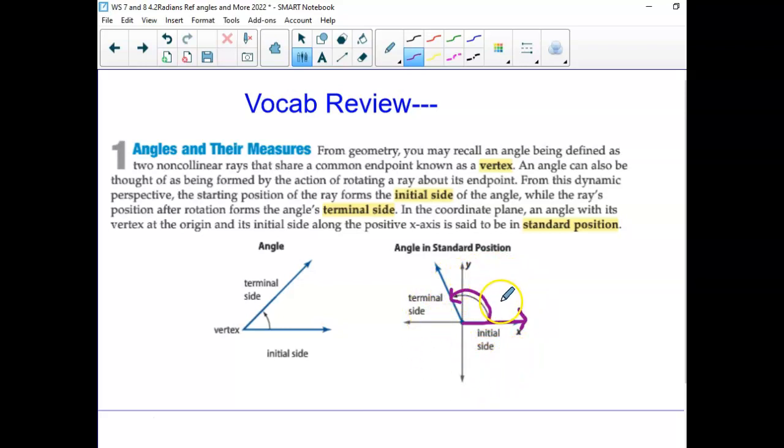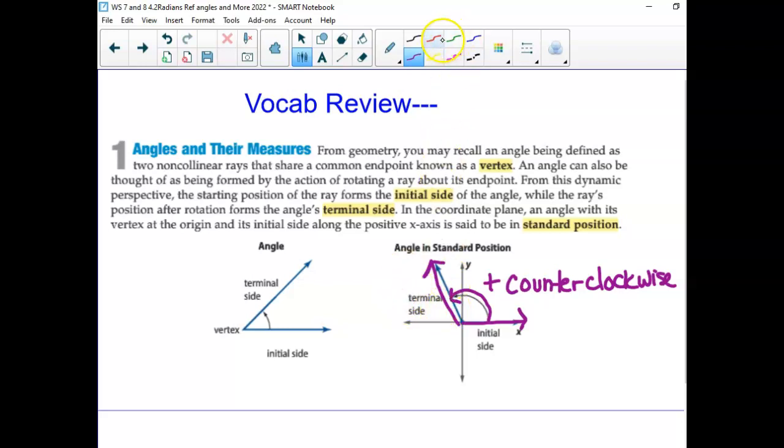Counterclockwise is a positive direction. And then wherever you decide to stop, that is called the terminal side. In other words, where you stopped, where you ended.